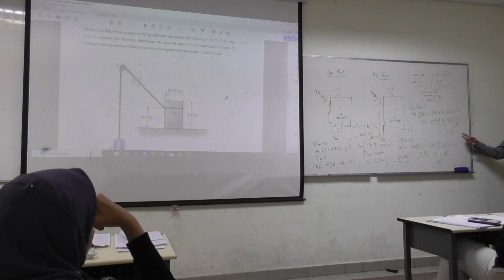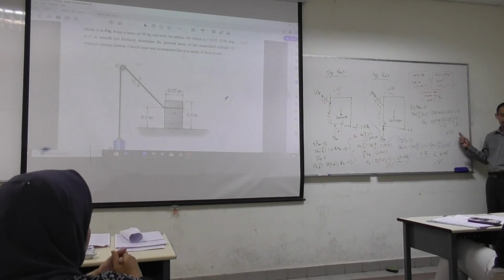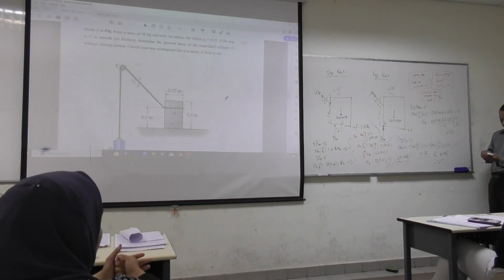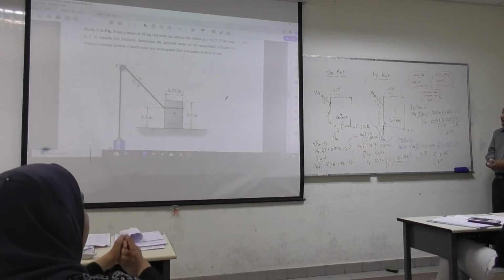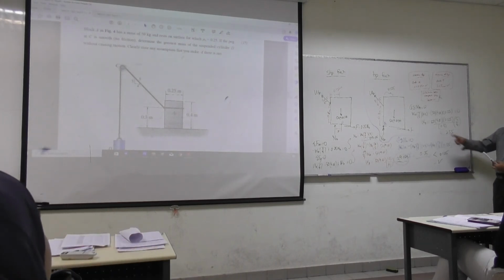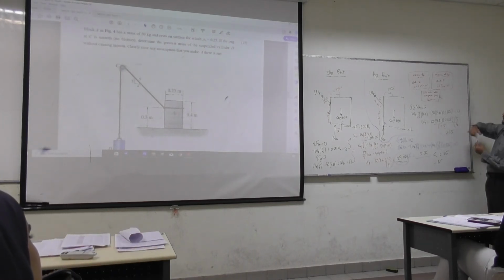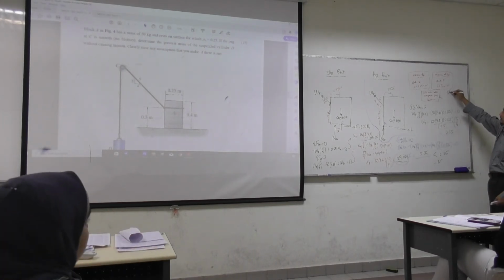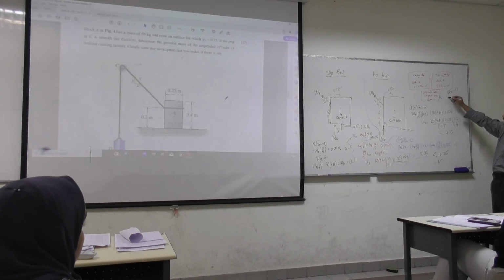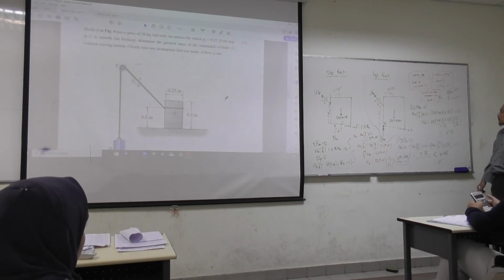Do I need to continue or you understand what to do, right? Because in this case, if you use this assumption, next you have to do summation of fx equal to 0, and then you can calculate f equal to something, right? But you still cannot compare this to f max.